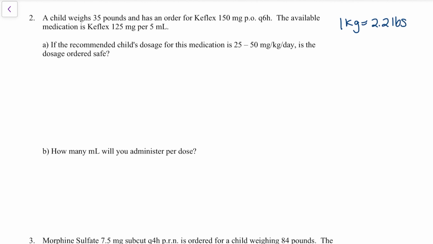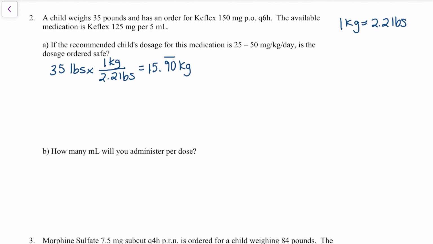Okay, that's our conversion rate. So 35 pounds times a conversion rate of 1 kilogram to 2.2 pounds. I'm going to do 35 divided by 2.2, and I get 15.90909, and so on, kilograms.